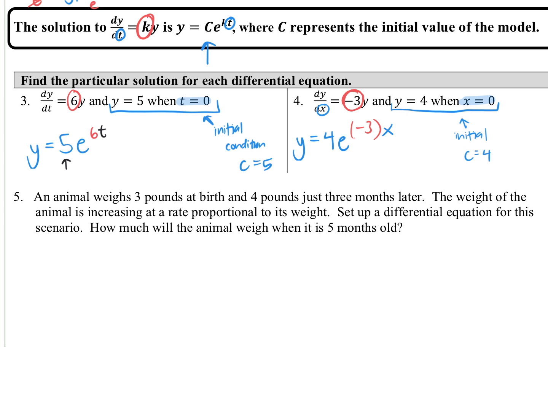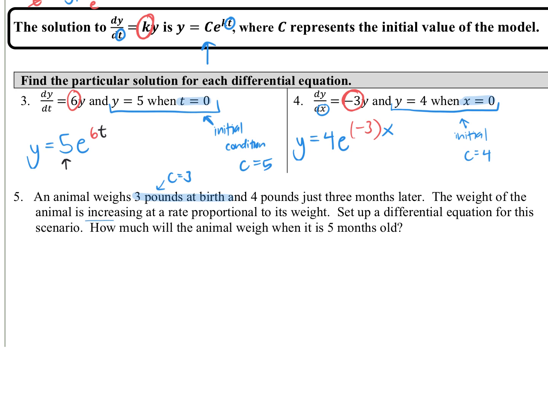So let's start with the very first sentence here. It says the animal weighs 3 pounds at birth. What does that tell me in terms of the exponential growth formula? It's going to be my c value, right? This is my initial condition. So this is going to be c equals 3. If we're talking about weight, we've got increasing at a rate proportional to its weight.